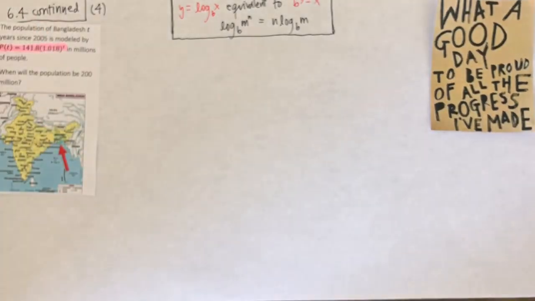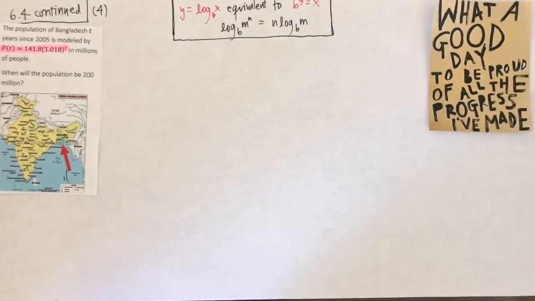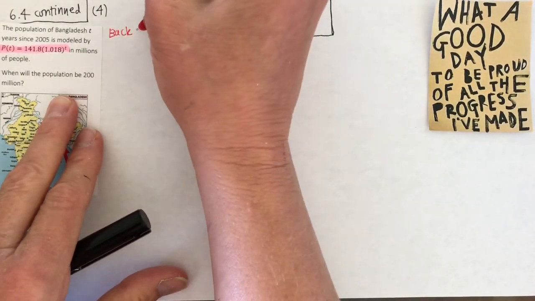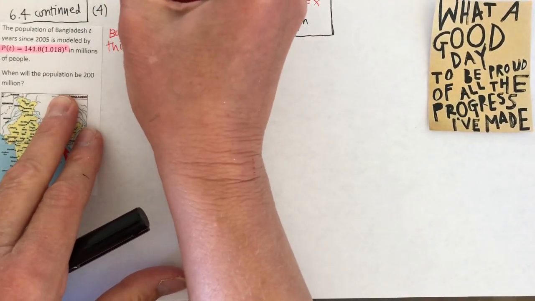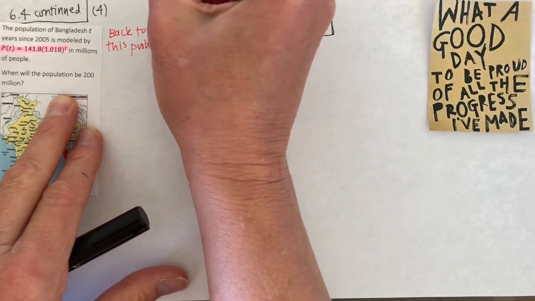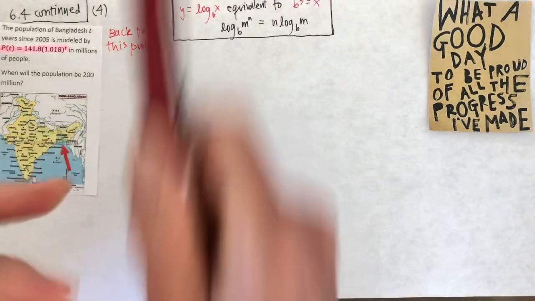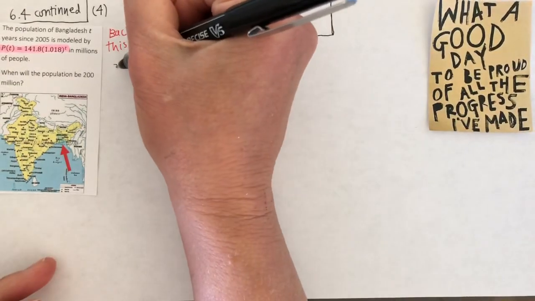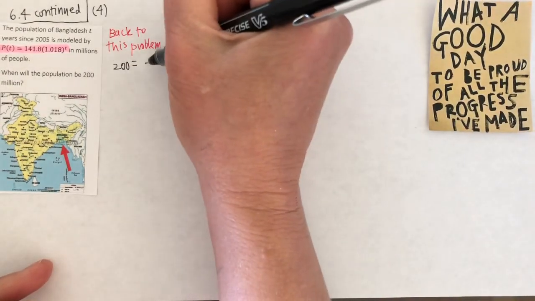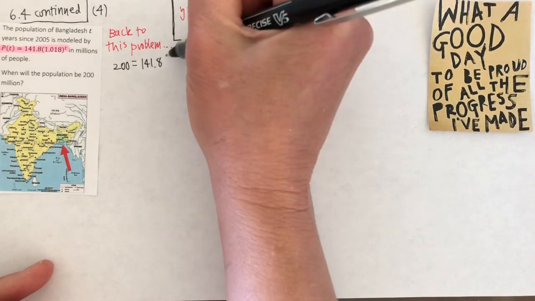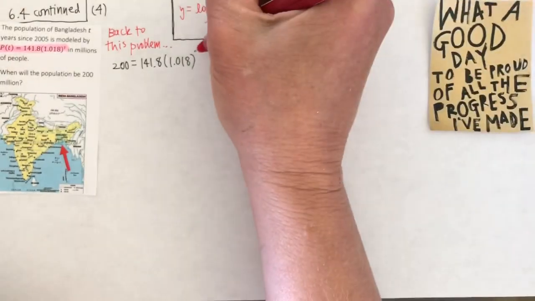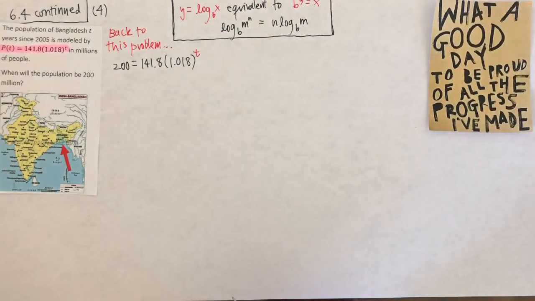We were trying to figure out, based on this exponential function, when the population will be 200 million. So when does 200 equal 141.8 times 1.018 to the t? And it's that t that we're looking for because we're asking when.